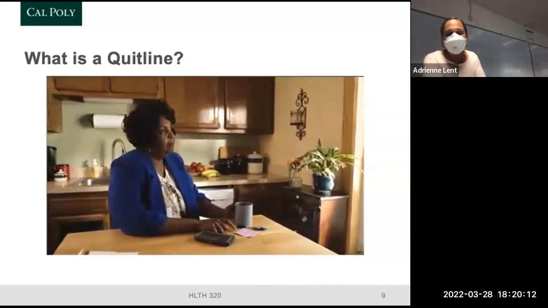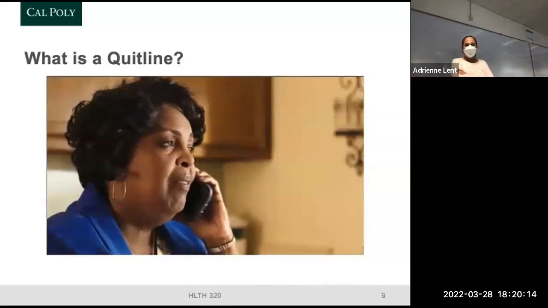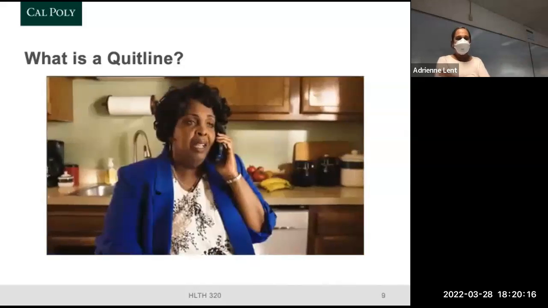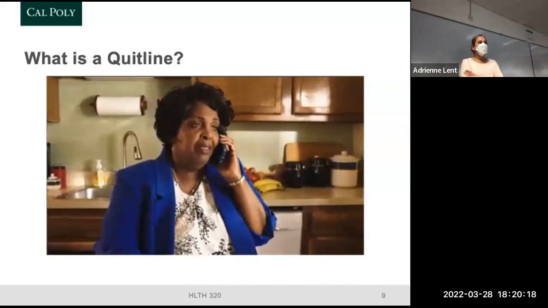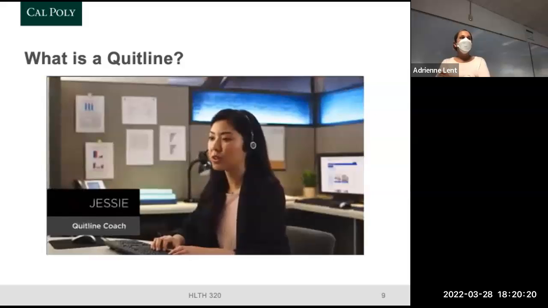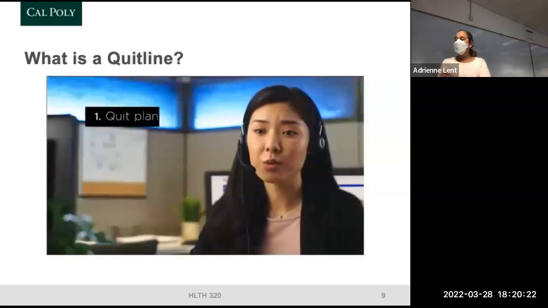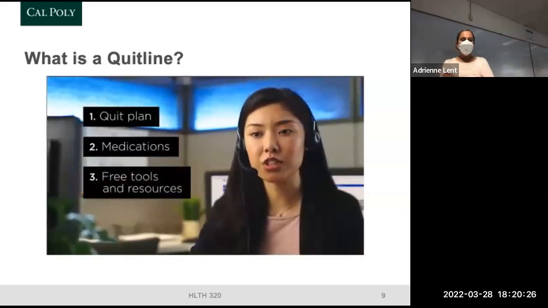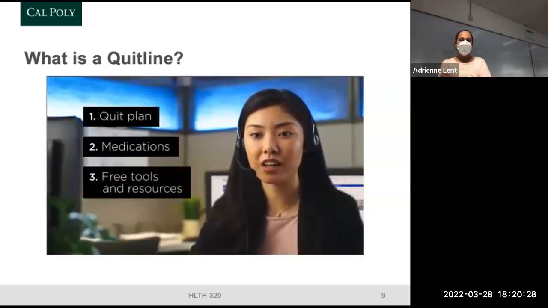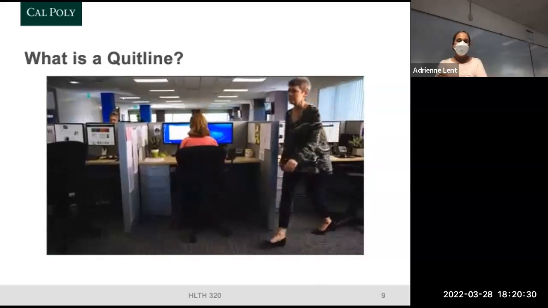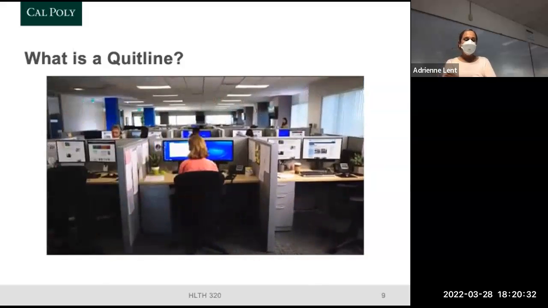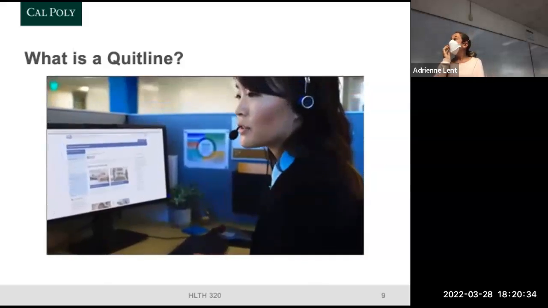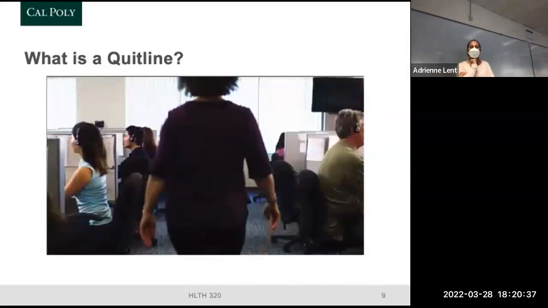I've tried to quit smoking a bunch of times on my own, but haven't been able to stop for good. So now I'm ready to try something different. Well, for lots of people, calling a quit line is what they need. When you're ready, I can help you build a plan for quitting, talk to you about medications that might help, and tell you about free tools and resources you can use to quit smoking. When someone first calls, they'll be asked a few questions, such as how much they smoke and if they've tried to quit before, so the quit coach can make sure each caller gets the help they need.